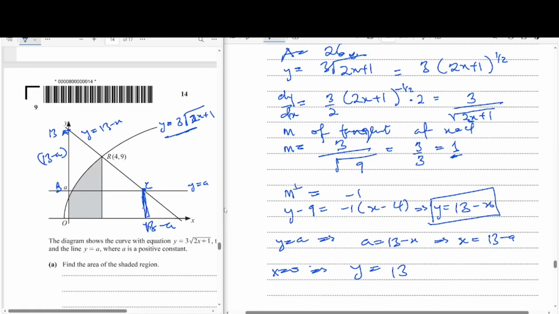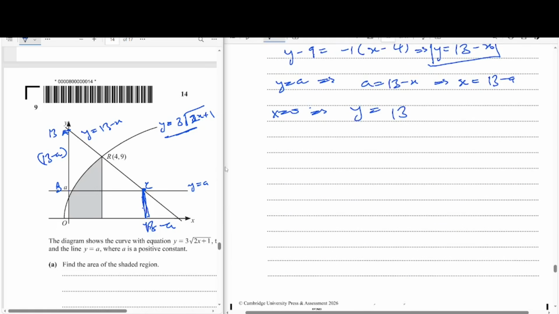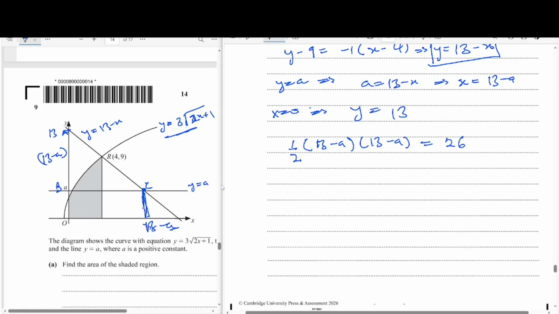Now that we have the height and base of the triangle, we need to find the area of the triangle. So the area of the triangle is half times base, and the base is 13 minus a, times height. Height is also 13 minus a. But the question says what value should a be so that the area of the triangle will be equal to the area we found, which is 26.